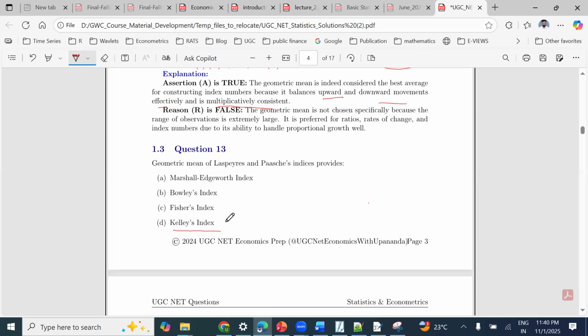So we write it like this: I0n is equal to summation Pn Q upon summation P naught Q into 100. Okay, this is also known as aggregative index with fixed weights.